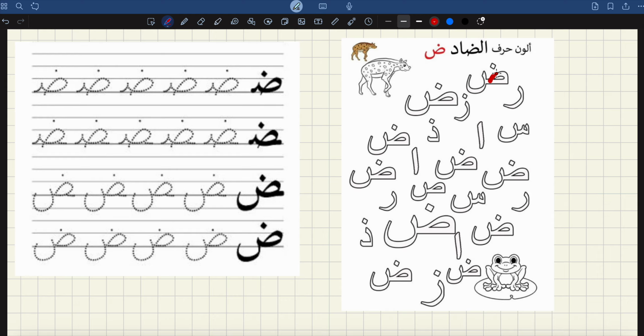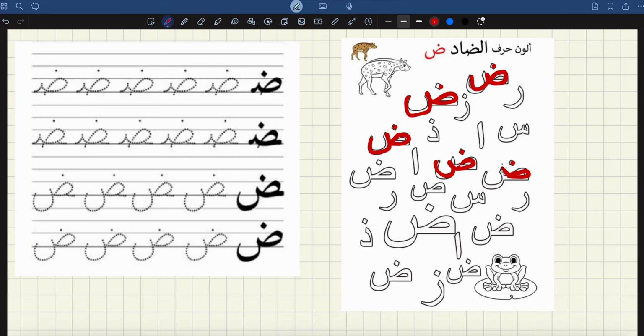This is the letter ضاد. This is ضاد too. This is ضاد. And this is ضاد.